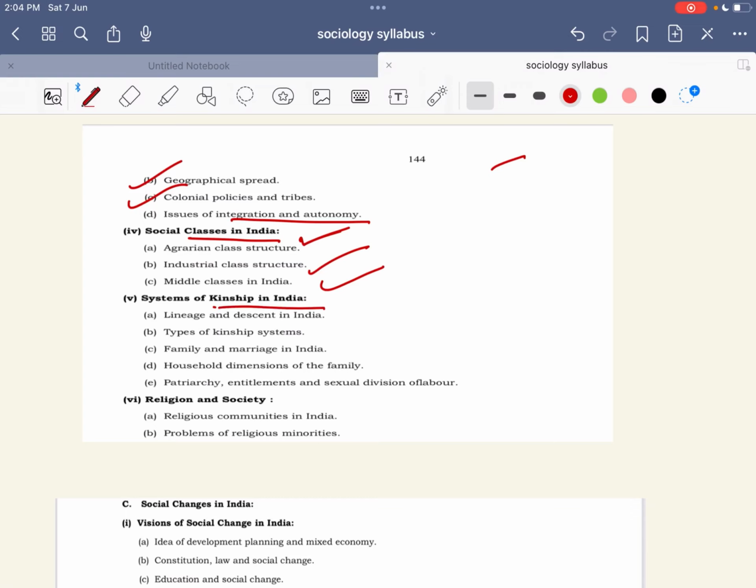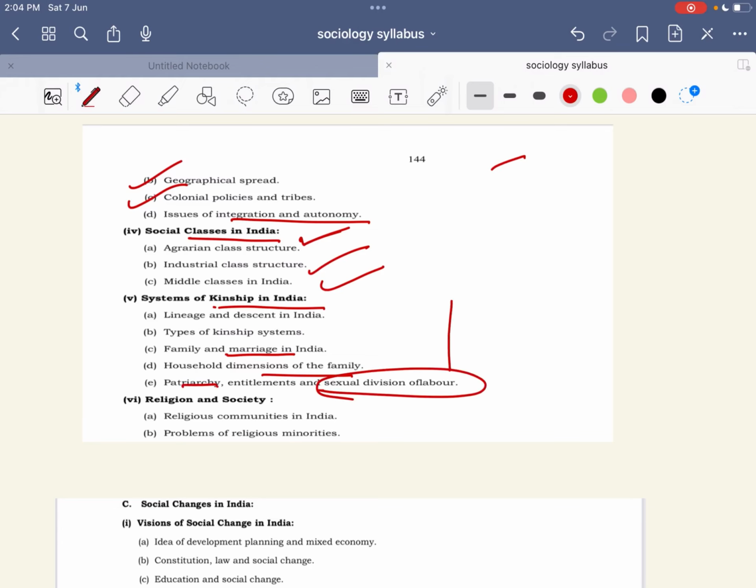We have studied this topic in paper 1 also, and the same topic is there in paper 2 also, but it is from the Indian perspective. Lineage and descent in India, types of kinship systems, family and marriage in India, household dimension of the family in India, patriarchy, entitlement, and sexual division of labor.